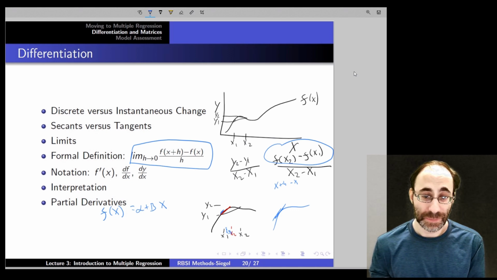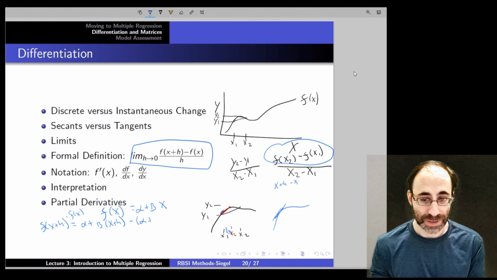I can plug into this formula, and I get f of x plus h equals alpha plus beta times x plus h. And then f of x is just f of x, so this minus f of x is minus alpha plus beta x. And this thing is just beta h if you multiply out.